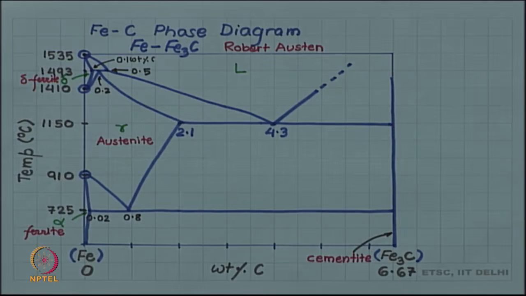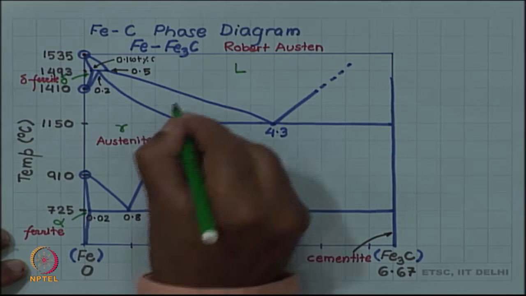So, now you know all the single phase regions. The two phase regions which I have not labeled can be easily labeled, recall the 1-to-1 rule. If you remember the 1-to-1 rule, you can easily label all the two phase regions.